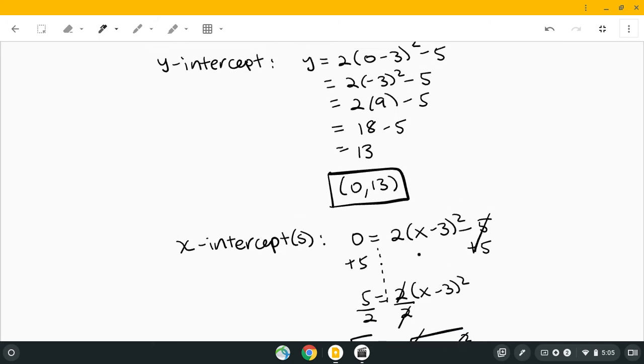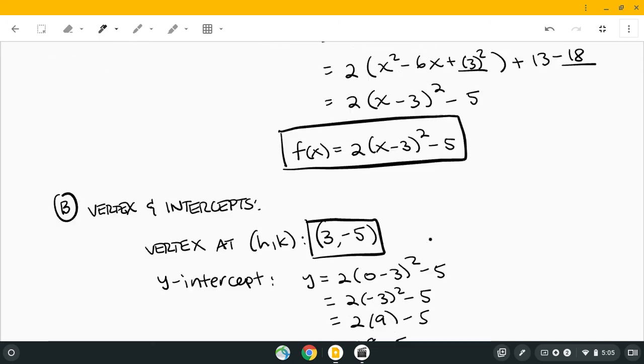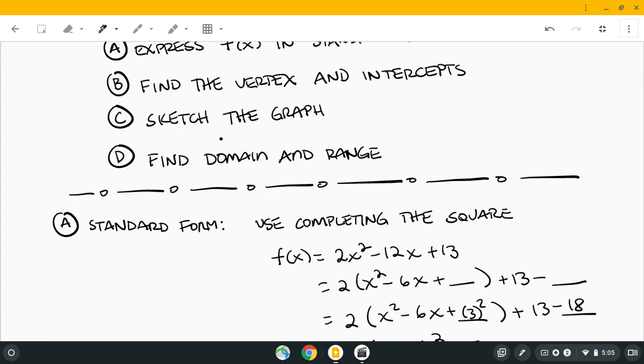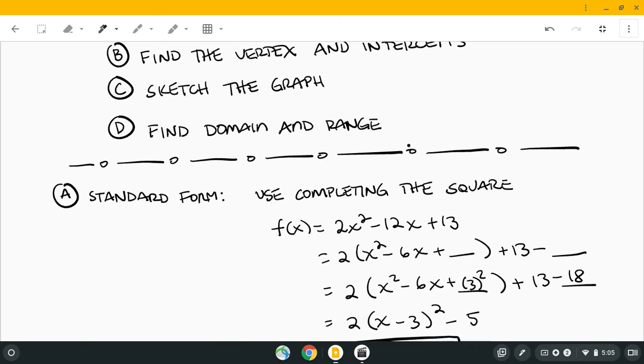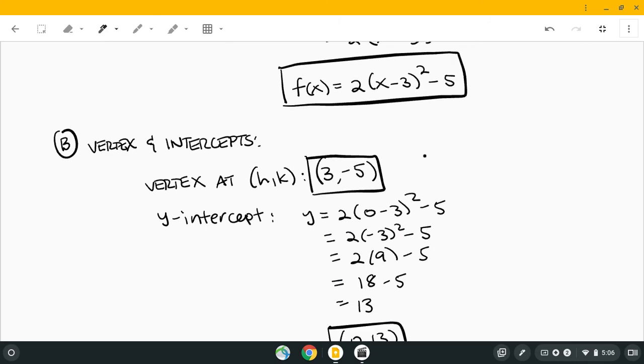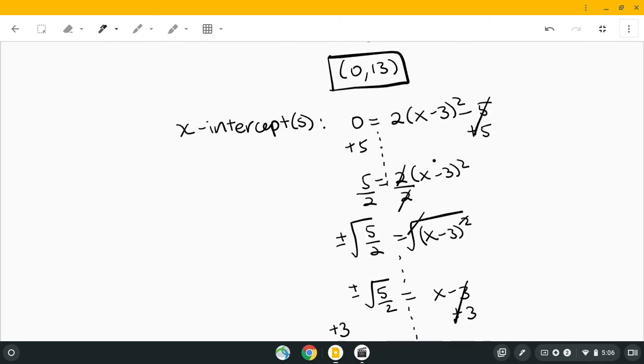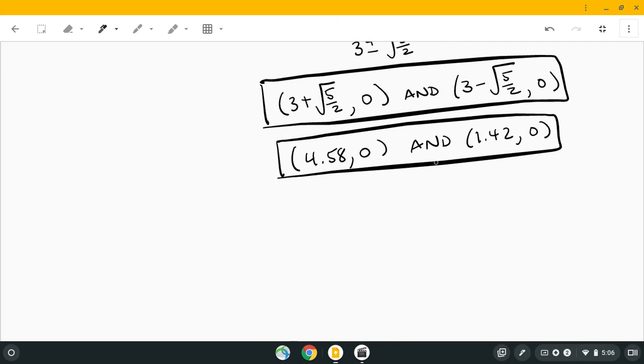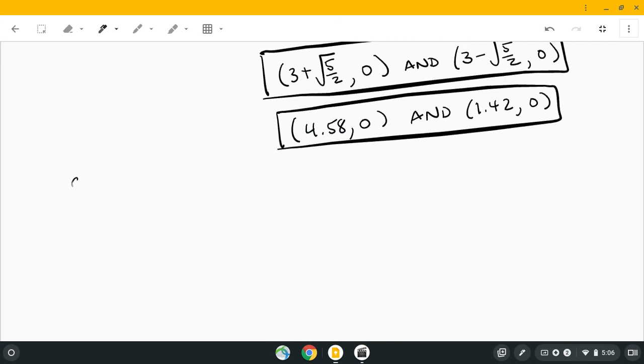Okay, so now we need to do what's left. Sketch the graph and then find the domain and range. Okay, so let's go ahead and do that. Sketch the graph. All right, we have plenty of information here to do the sketch. So let's see. We know it's a parabola.